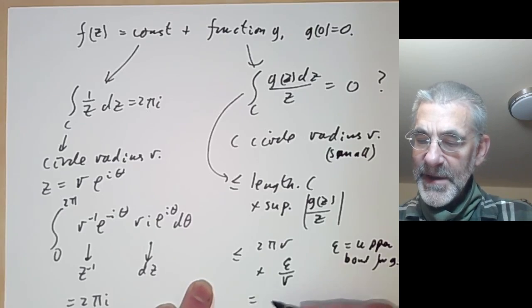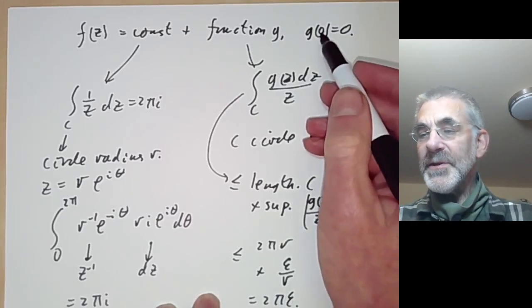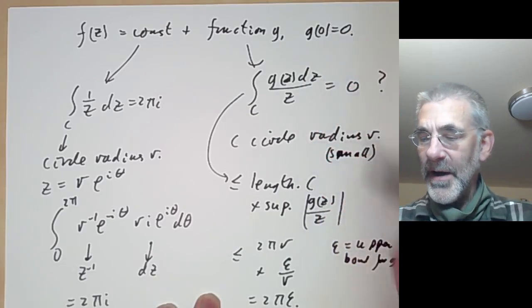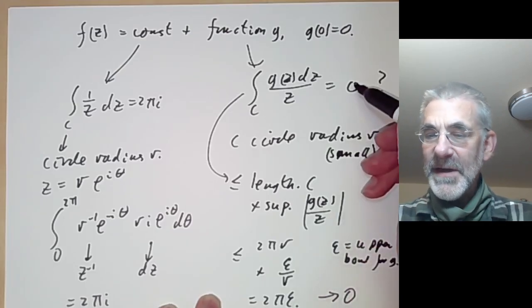This is equal to 2 pi epsilon, and now we notice that since g of 0 is 0, we can make epsilon as small as we like. So this tends to 0 as epsilon tends to 0, so this integral is 0.